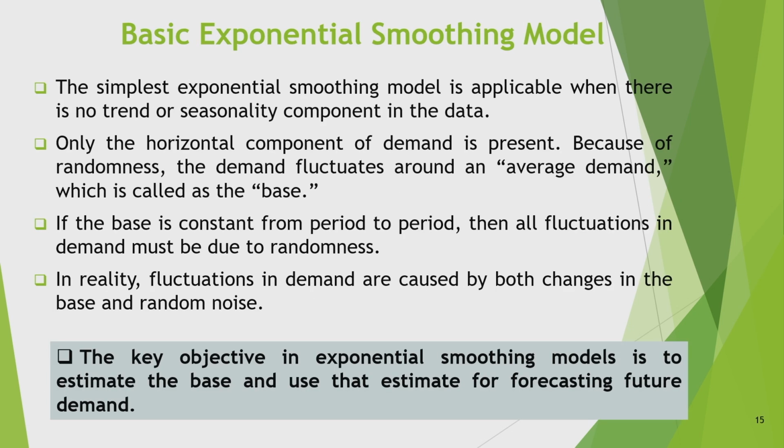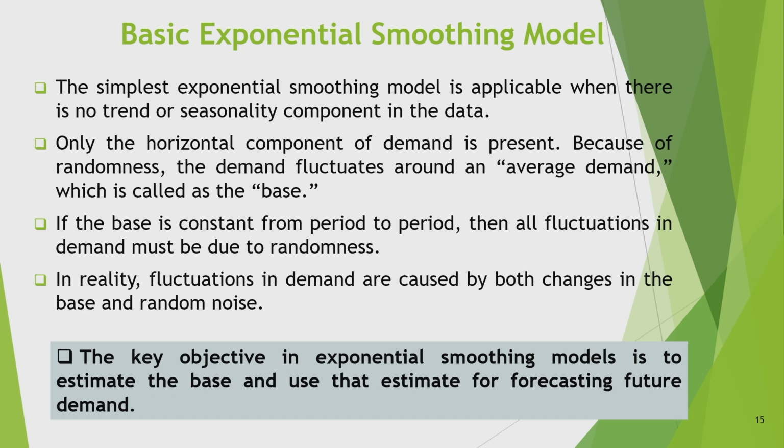So, the simplest basic exponential smoothing model is applicable when there is no trend or seasonality component in the data. Only the horizontal component of demand is present. Because of randomness, the demand fluctuates around an average demand, which we call the base.